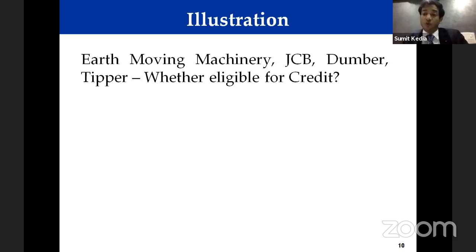Also, there is an advance ruling. It was raised by an applicant asking, can I avail ITC on JCB, dumper, tipper, etc.? And the ruling said, yes, you can claim ITC. So it was a right ruling which came and they allowed ITC in that case.